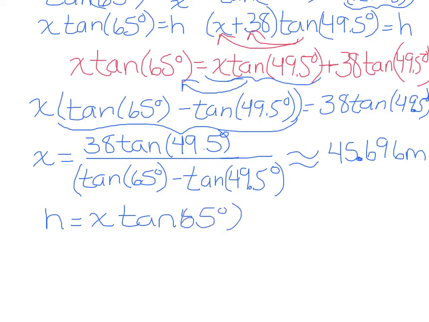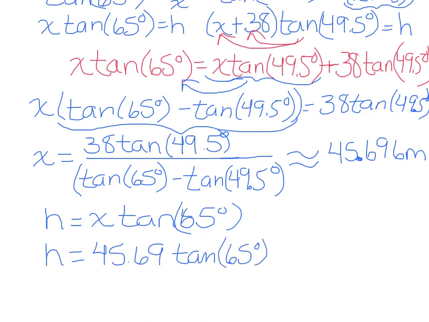I didn't have my picture in front of me. Okay, so that would be h is equal to 45.69 times the tangent of 65 degrees, which should be approximately 97.995.